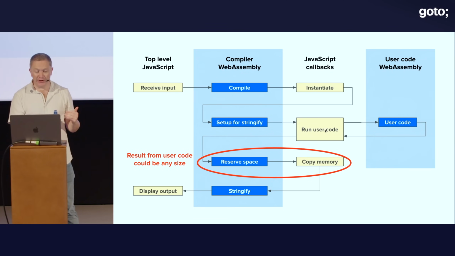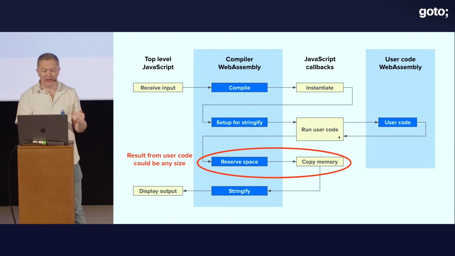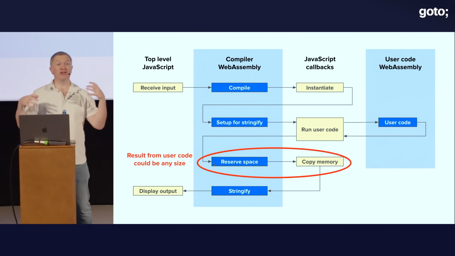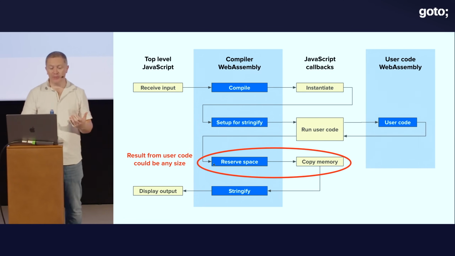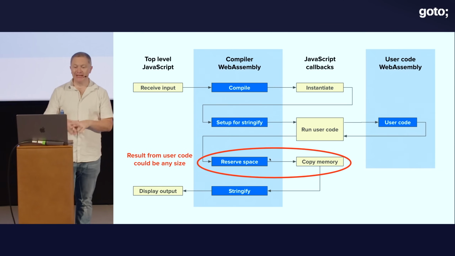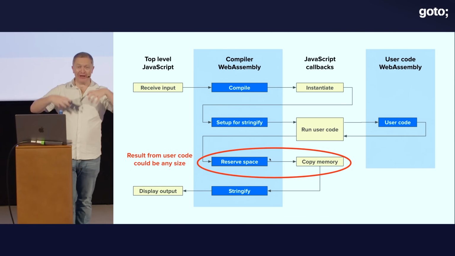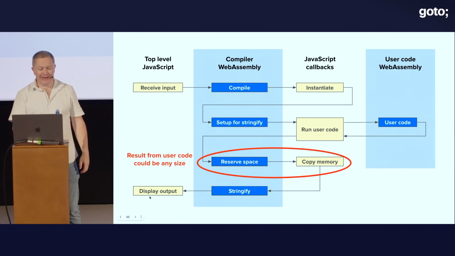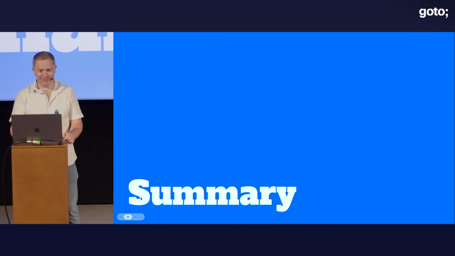So we had to run the user code, return back with a result that says, here's how big the result is in a number of bytes or kilobytes or whatever. Then reserve that much space, copy the memory from the user code's WebAssembly module to the compiler's WebAssembly module so that it can analyze it and figure out how to turn it into a string, and then display it. And we're done. Okay.